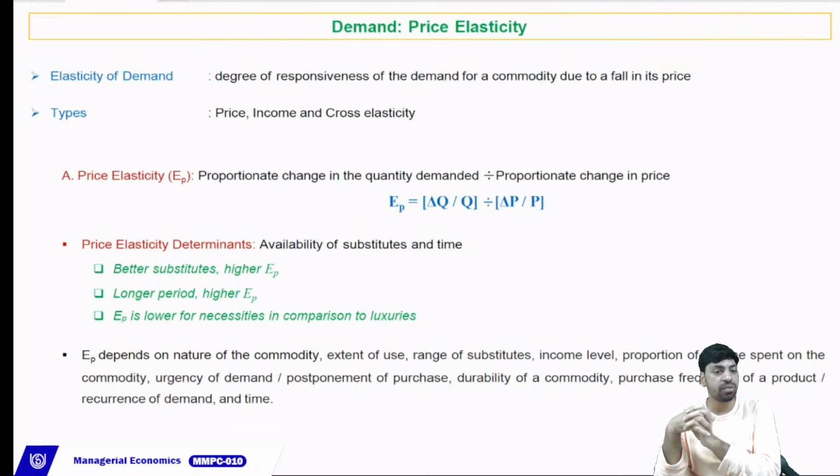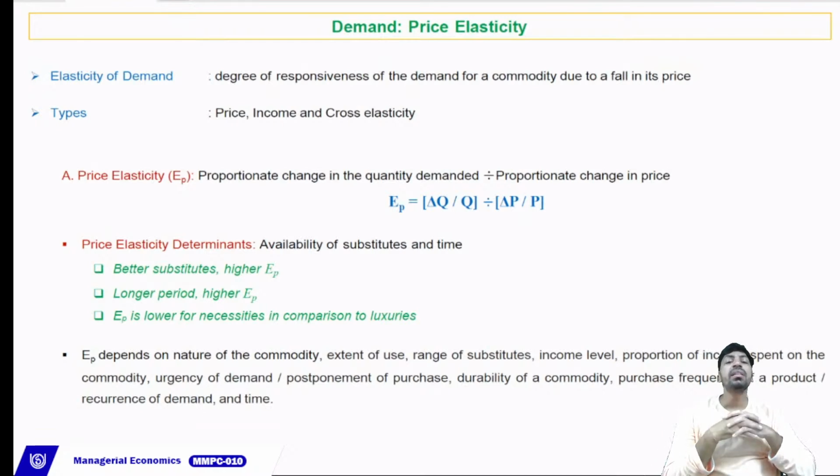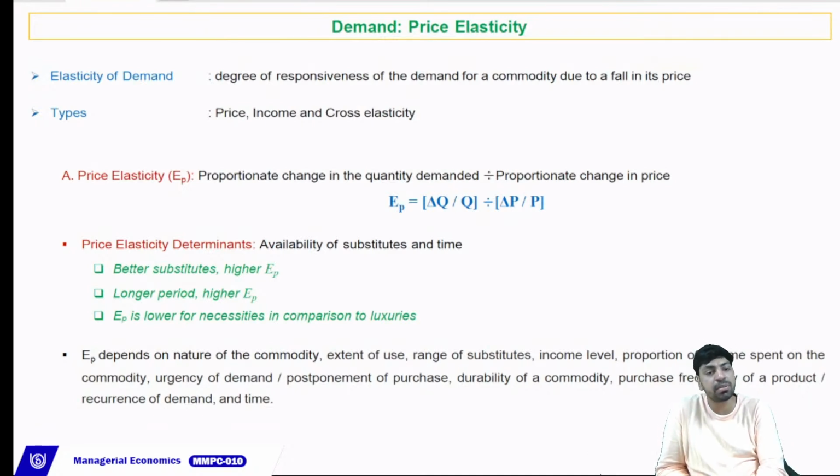That means the second unit. There are three main price elasticity determinants: better substitutes, longer period, and it is lower for necessities compared to luxuries. If we talk about better substitutes like Coke and Pepsi, Coke and Fanta, tea and coffee, there is a higher price elasticity of demand.